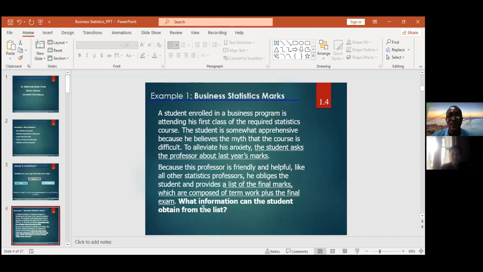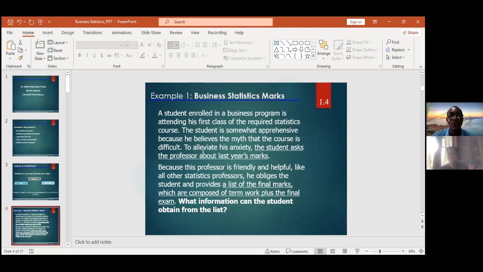To answer this question is a simple descriptive statistics. By doing descriptive statistics, you can know more information. You can know the highest mark, you can know the lowest mark, you can know the average mark by just applying descriptive statistics. So you can see that statistics is very meaningful.